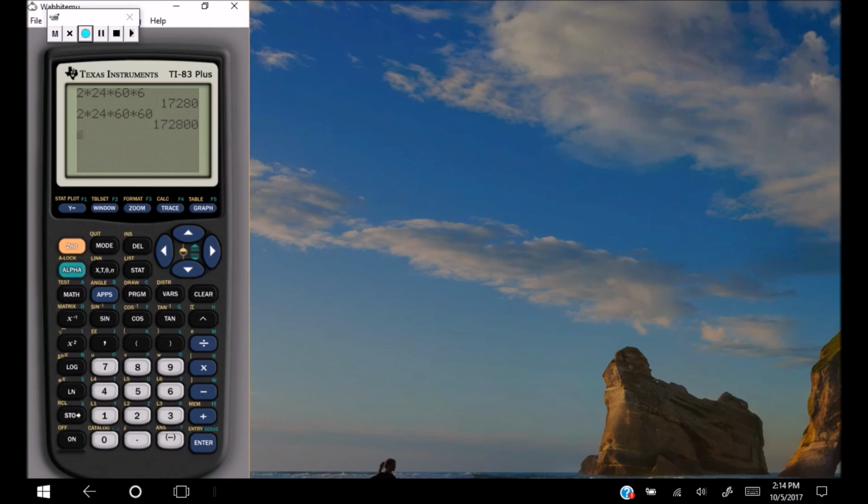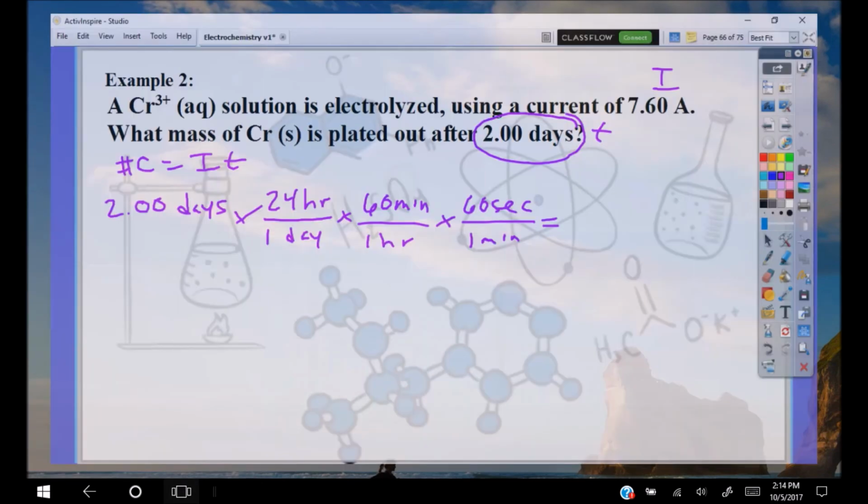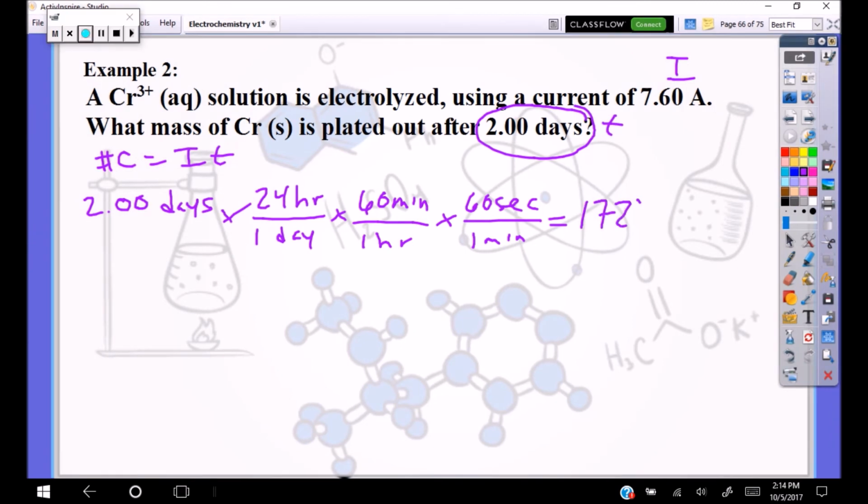That's better, off by a factor of 10. 172,800 seconds. So 172,800 seconds is what we're starting with. This is our time that we're going to use in our equation. Okay?